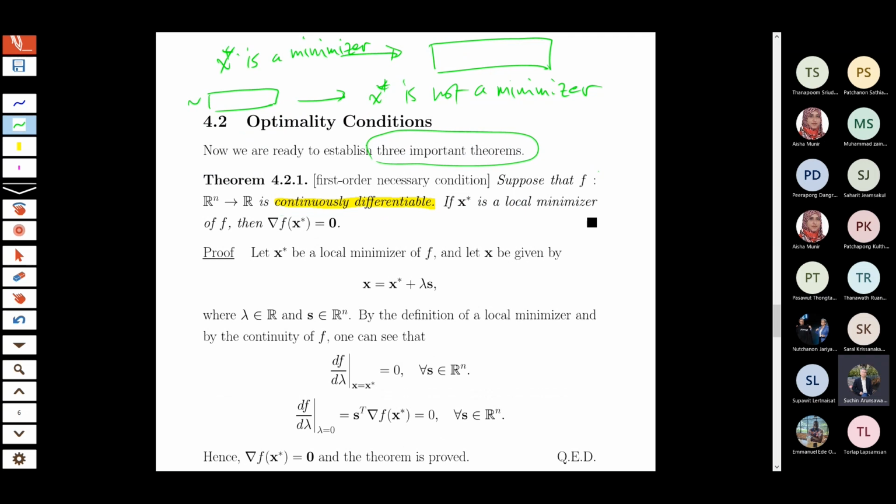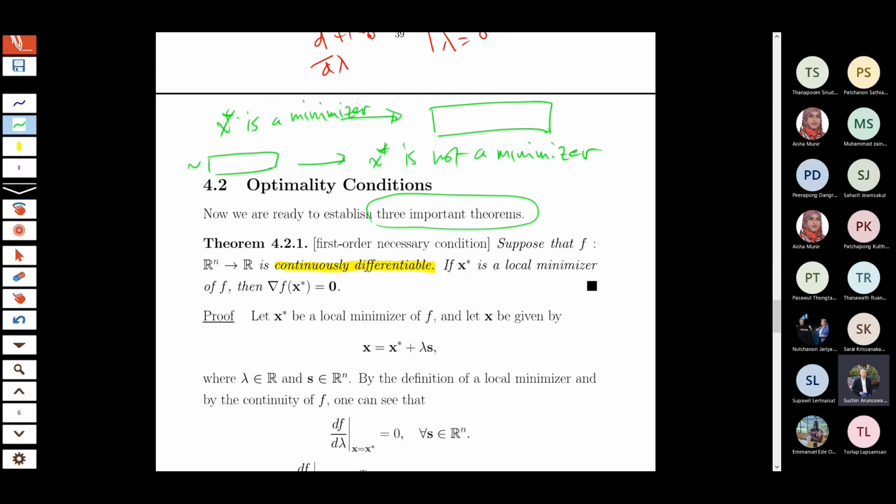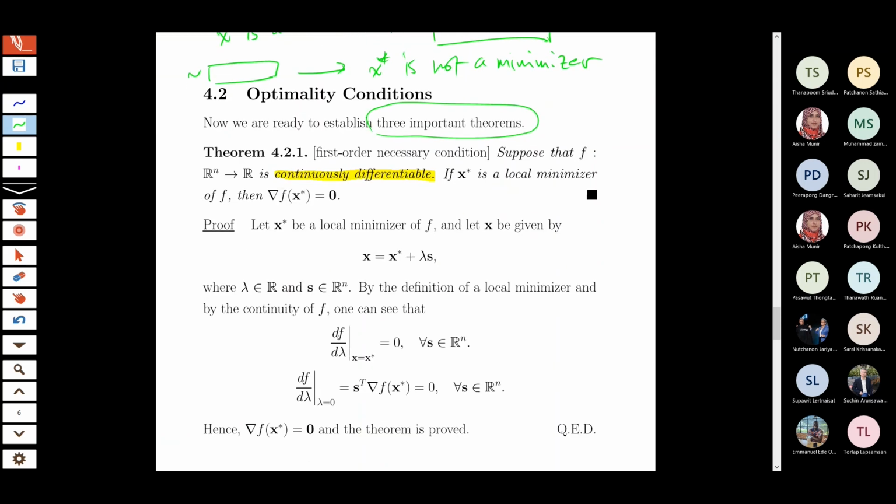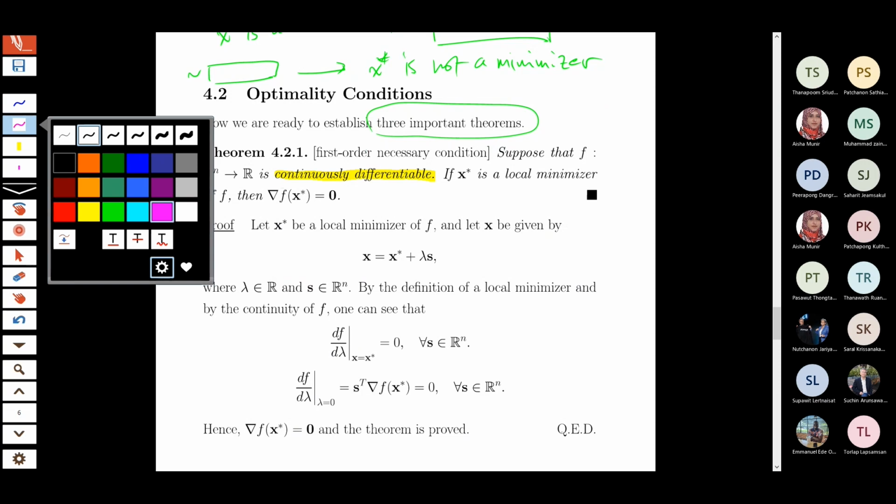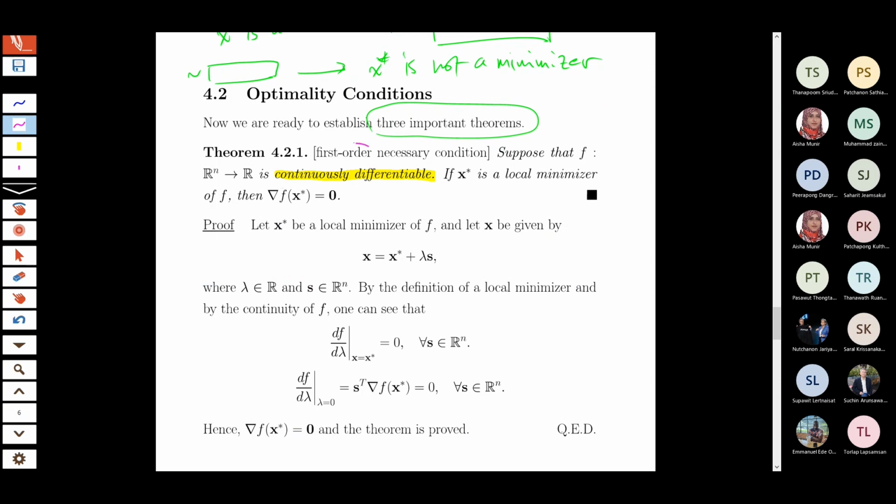And you see, when we use the word first order in optimization, it implies that we are dealing with the gradient of the function f. Gradient or first derivative.